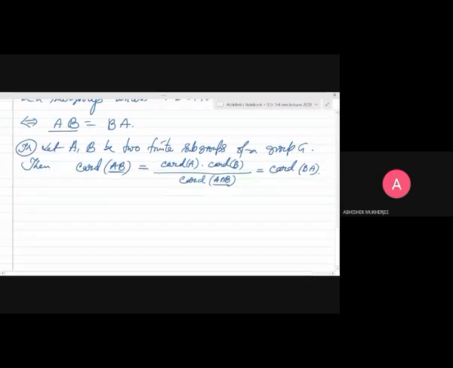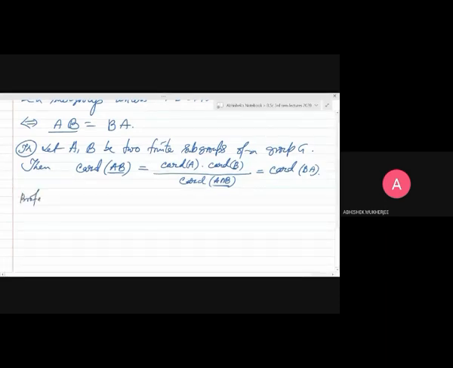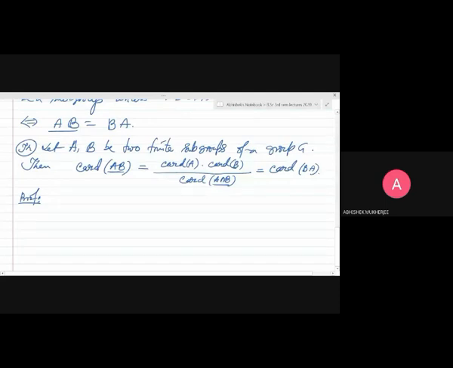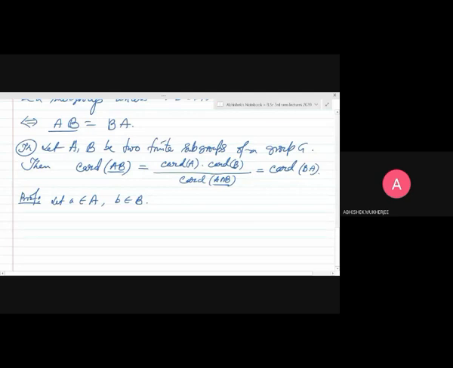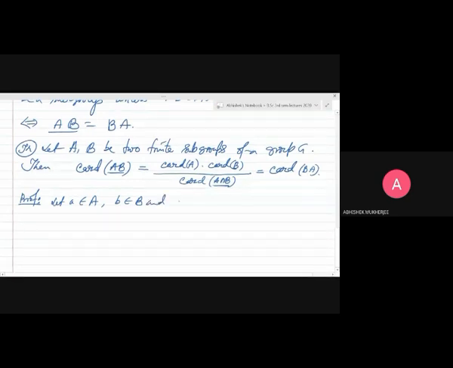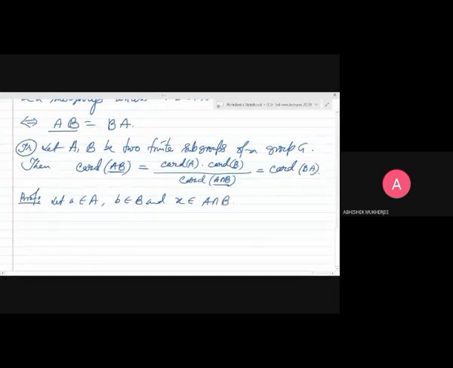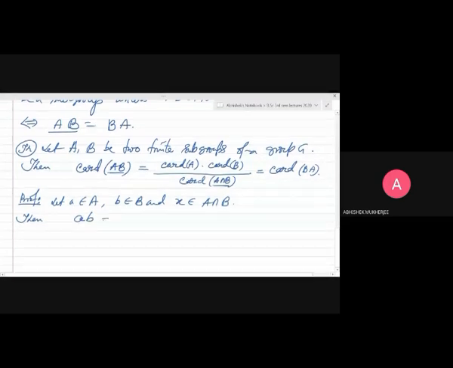The proof starts with the fact that let a belongs to capital A, b belongs to capital B, and x belongs to A intersection B. Then just look at the product ab.